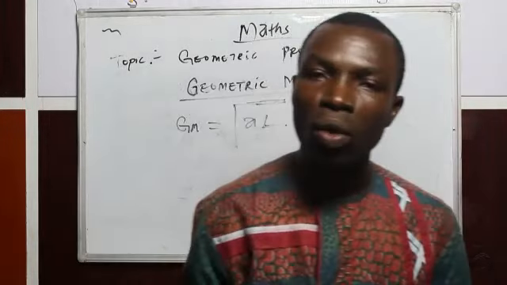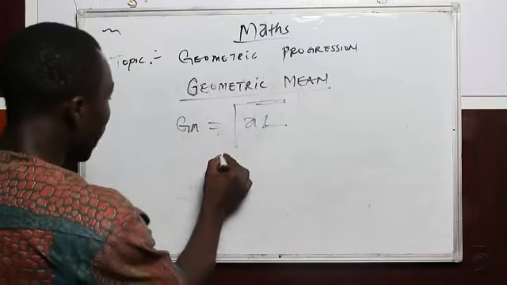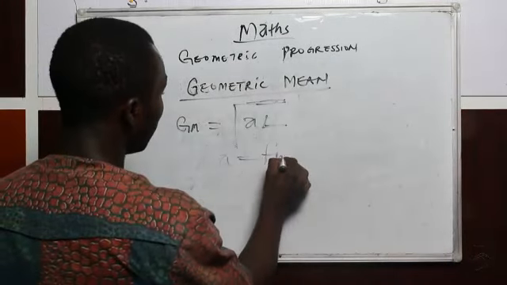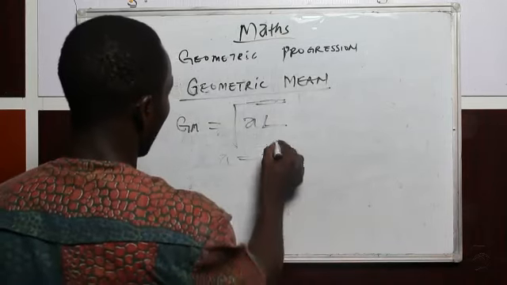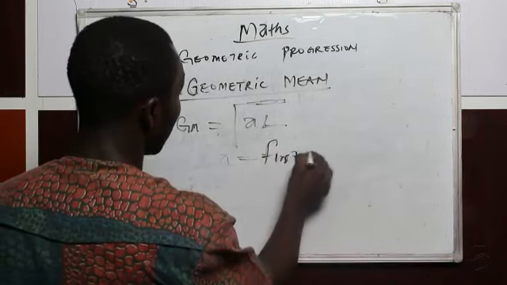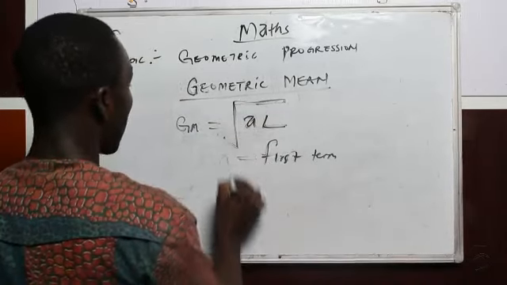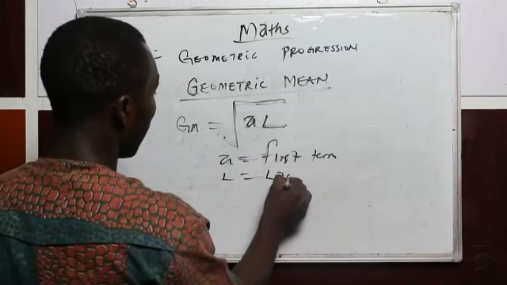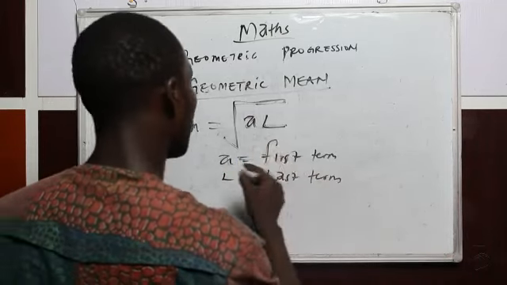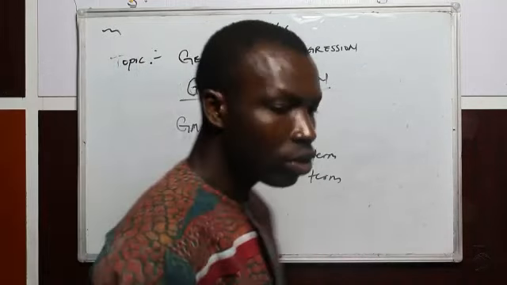That is root of AL, where A is equal to first term and L is equal to last term. Just root, that will give us the geometric mean. That's the formula.